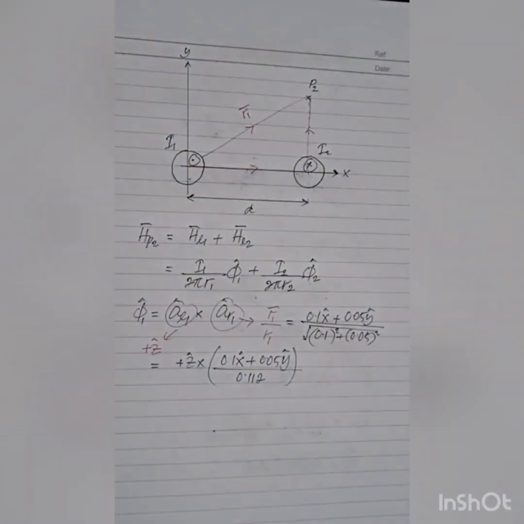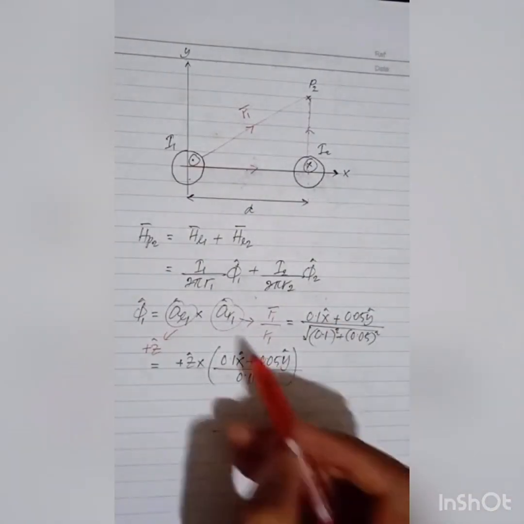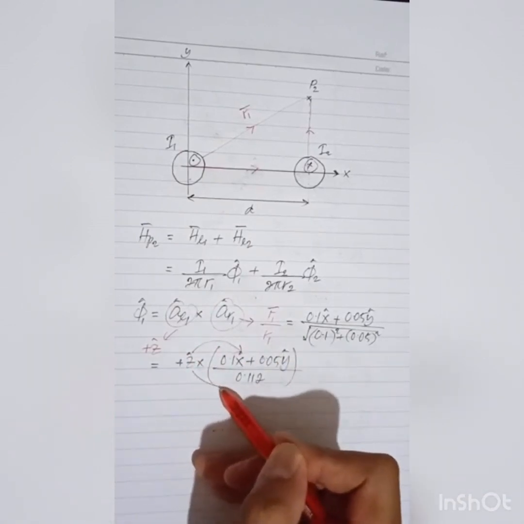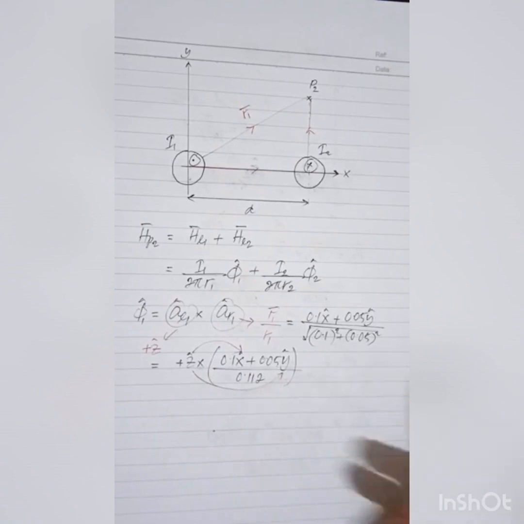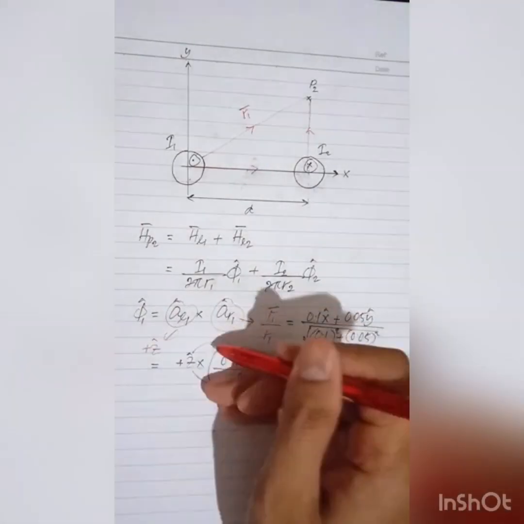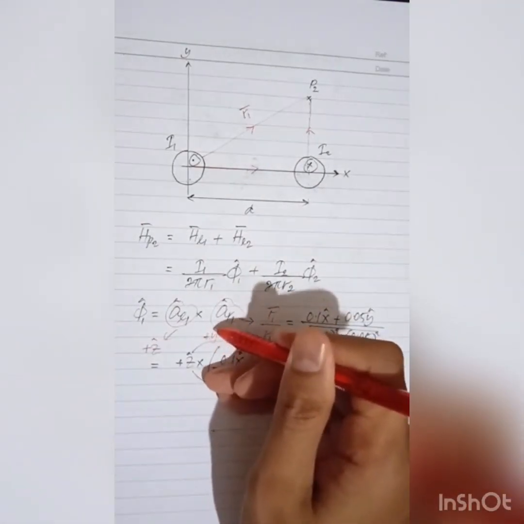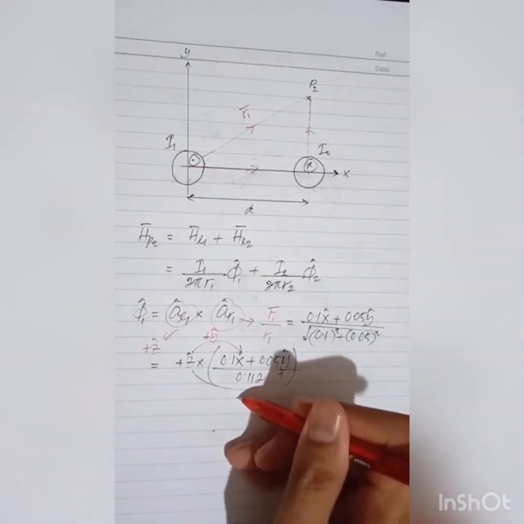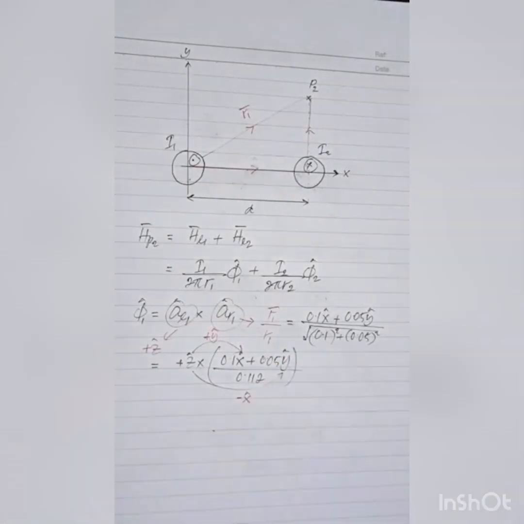Z cross x gives a positive y, and z cross y gives a negative x.